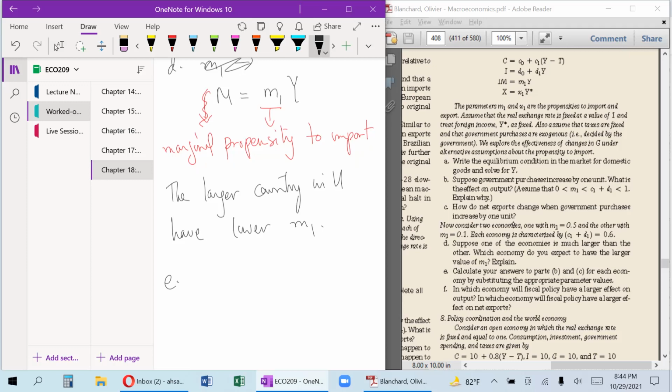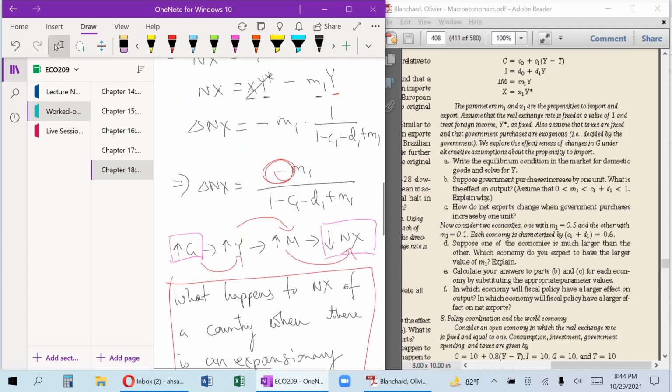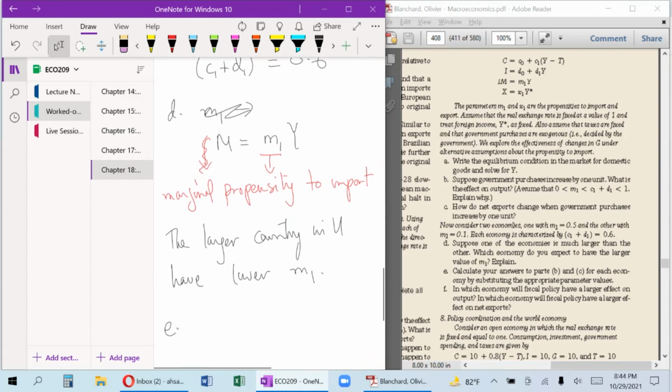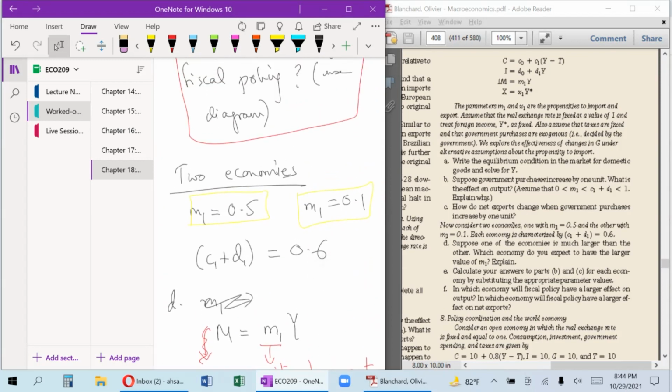In part E, we have to recalculate our answers to part B and C for each of the economies. So in part B, before we do that, let's identify one thing. Since we've argued that a larger country will have lower M1, we have these two M1s.